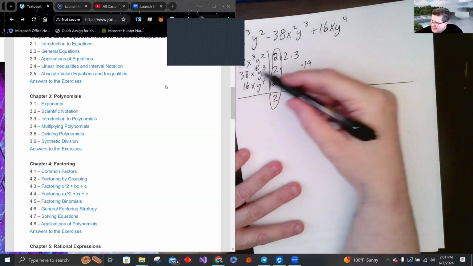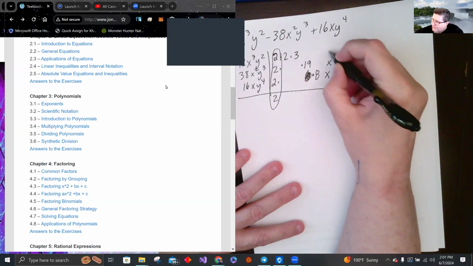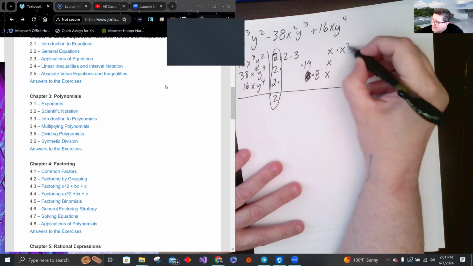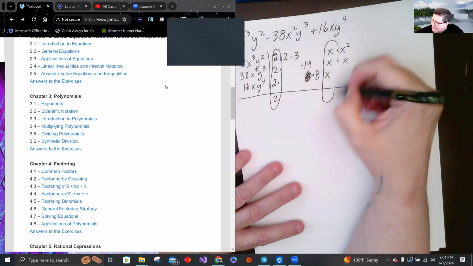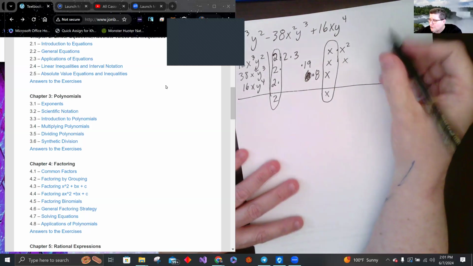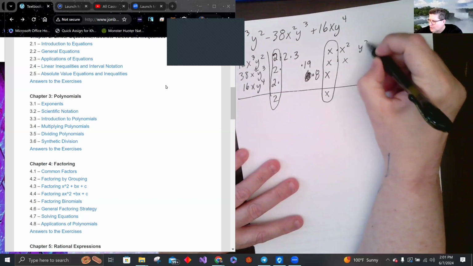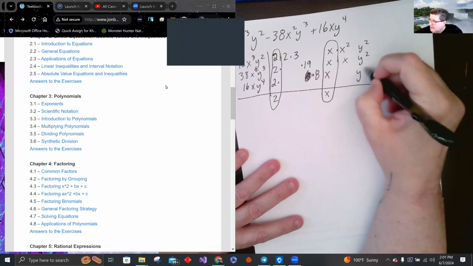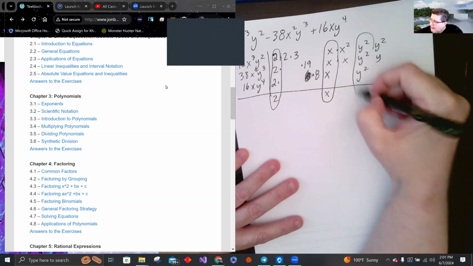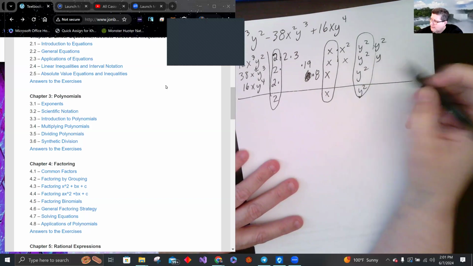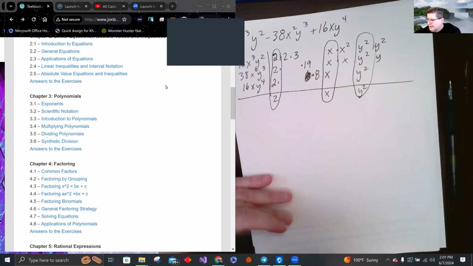Then I'll go with the x's. It looks like the lowest exponent on an x is to the first power. This has an extra x squared. That's got an extra x. So we will have an x in the greatest common factor. And it looks like the lowest power on y is y squared. This takes a y squared and then another y squared. So my greatest common factor is 2xy squared.